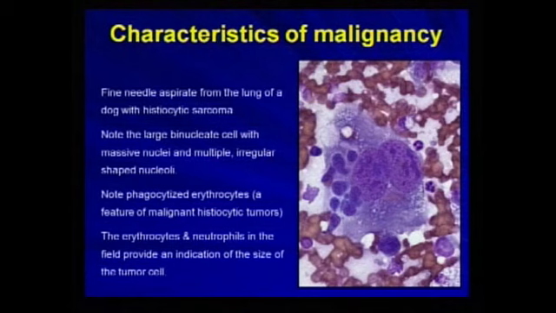Also, if you look right here, you can see that this cell has phagocytized an erythrocyte, and down here in this area, underneath these other nuclei, you can see granules of hemosiderin. Here's possibly another cell, or maybe the same cell, and another phagocytosed erythrocyte. And when we're dealing with histiocytic sarcomas, one of the other features of malignancy is the predilection to phagocytize things around them.